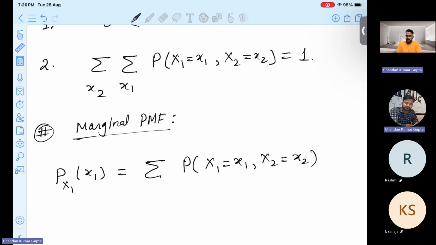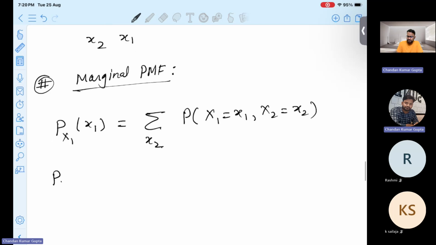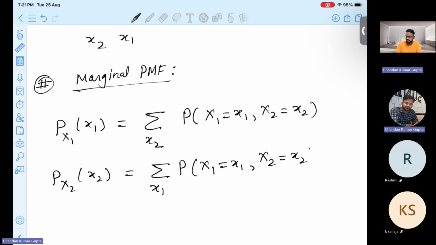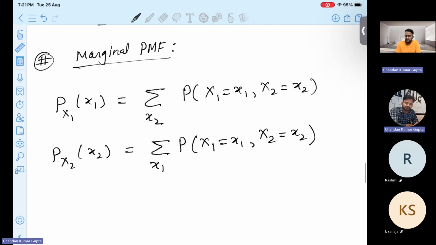Since we want the PMF of X1, we take the summation over the support of x2. In the same manner, if I need the PMF for the random variable X2, then we take the summation over the support of x1. This is how we can calculate the marginal PMF with the help of the joint PMF.